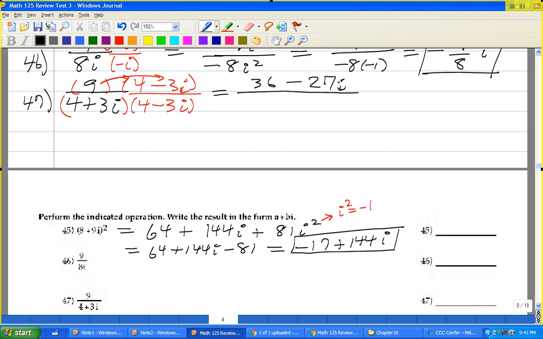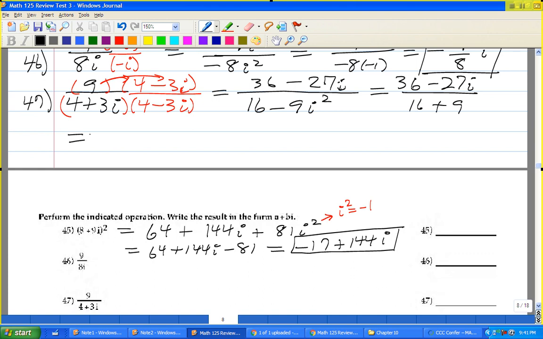And so this is equal to the difference of their squares. 4 times 4 is 16. Positive times negative is negative. 3i times 3i is a negative 9i squared. But again, i squared is negative 1. So this is 36 minus 27i over 16 plus 9.